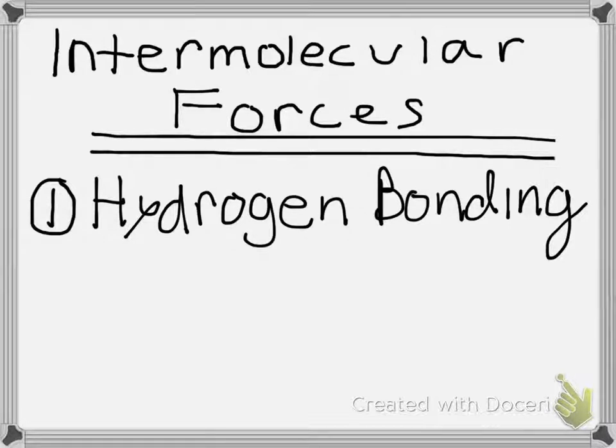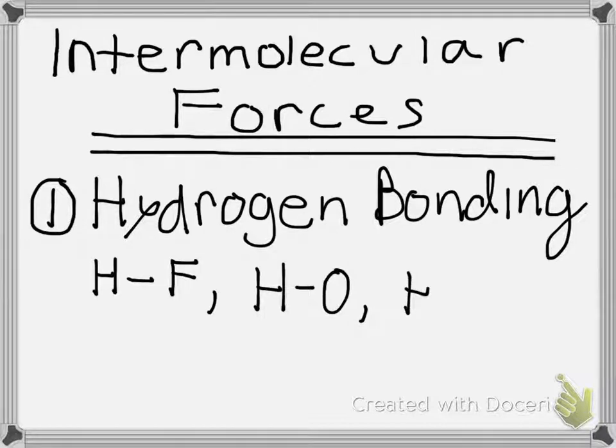So there's only 3 atoms that you're going to see on your DAT or MCAT that can hydrogen bond. And that is going to be a hydrogen that's attached to a fluorine, a hydrogen that's attached to an oxygen, and a hydrogen that is attached to a nitrogen.